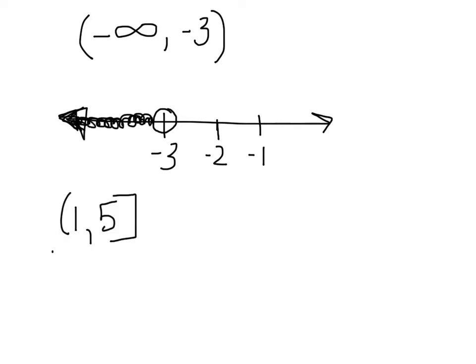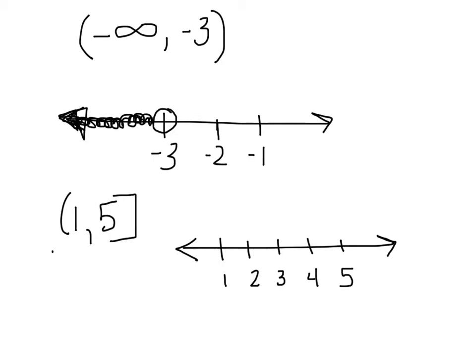Let's try another one. In this problem, we have 1, 5, with 1 being the parenthesis and 5 being the bracket. Because I do not have infinity or negative infinity, you are not going to shade to the right or left without end. So we know we have to have at least a 1 and a 5 here. I'm going to count to 5: 2, 3, 4, 5. 1 has a parenthesis. That means it's not a solution, so I put an open circle. 5 has a closed dot because it has a bracket.